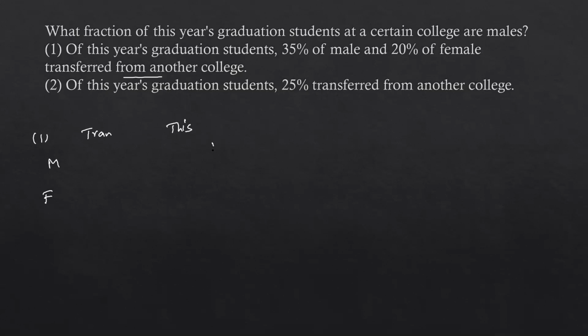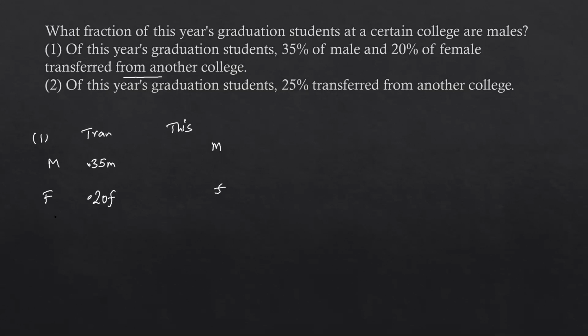So if you had M males and F females, 35% of the males, 0.35 M, and 20% of the females, 0.20 F, transferred from another college. And the question is asking what fraction are males. This will not give you the answer because you don't know what fraction are males.